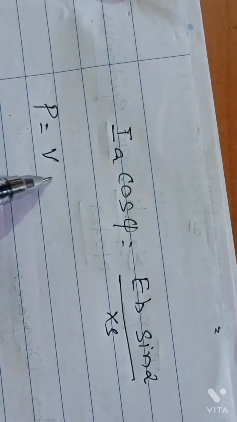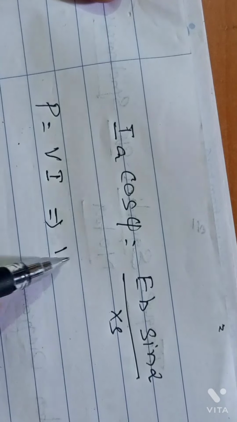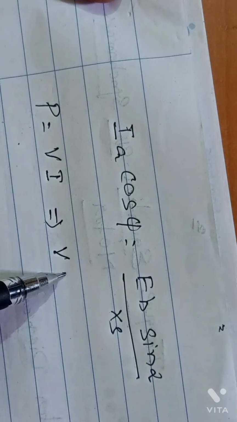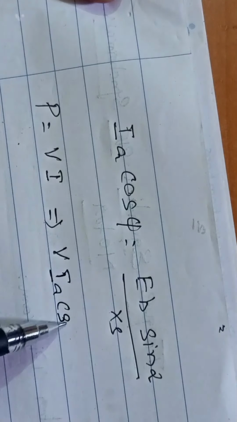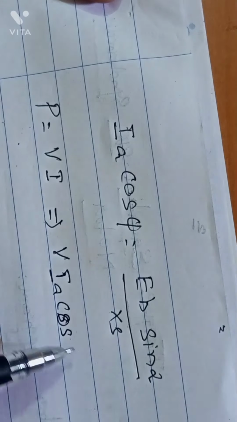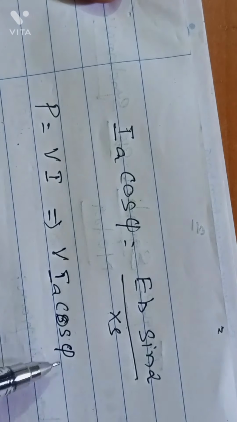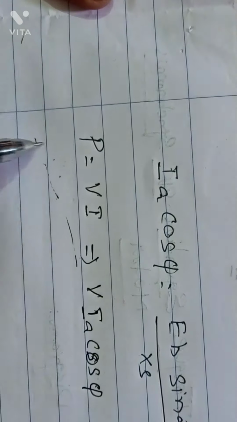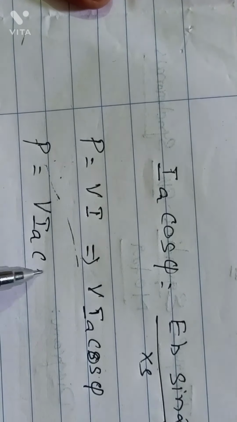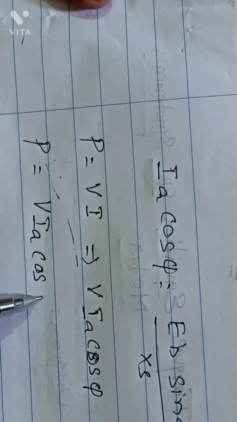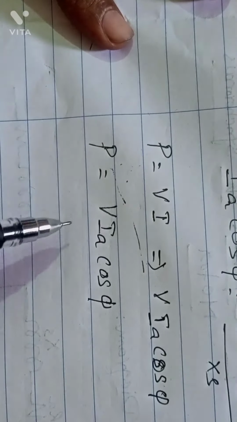Now you know what is power? Power is equal to V into I. Here V into what is I? IA cos phi. Right? Now power is equal to V into IA cos phi. Now listen.